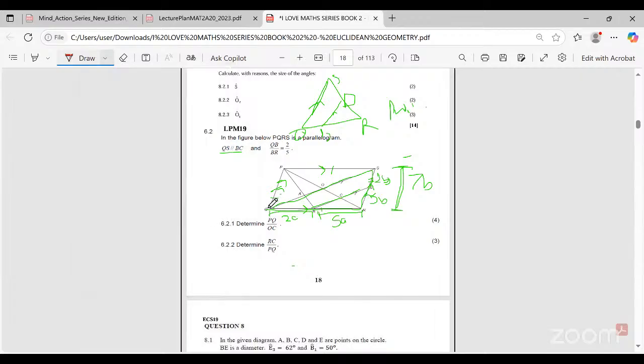So this triangle, this one. Now I'm going to ask you a question. Be ready for this. Do you agree now if I say QB over BR is equal to OC over CR?